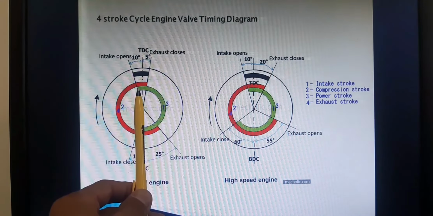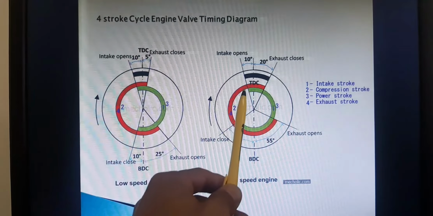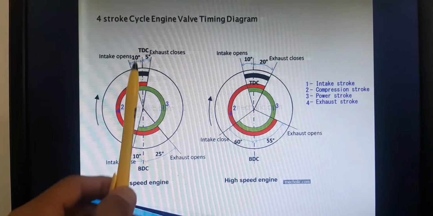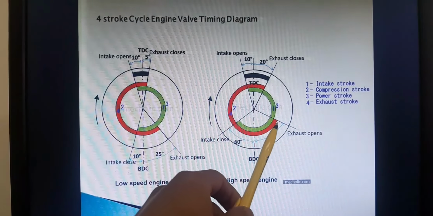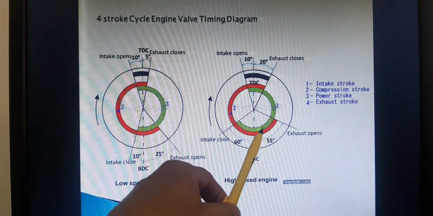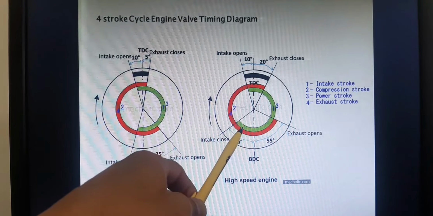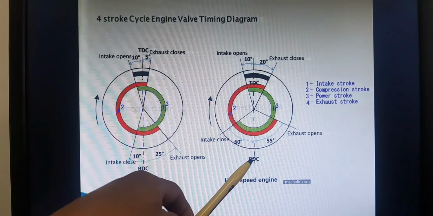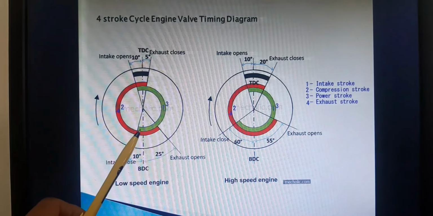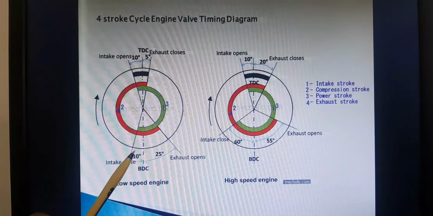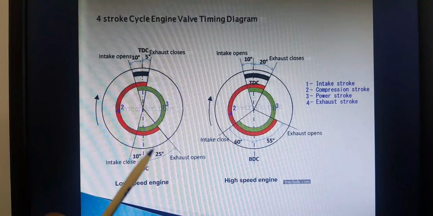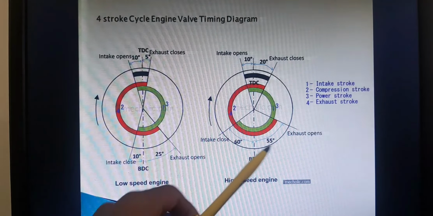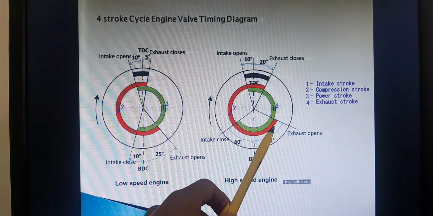The intake valve opens the same, 10 degrees before top dead center. But observe, in high speed it will close at 60 degrees after BDC, while in low speed it will close at 10 degrees after BDC.